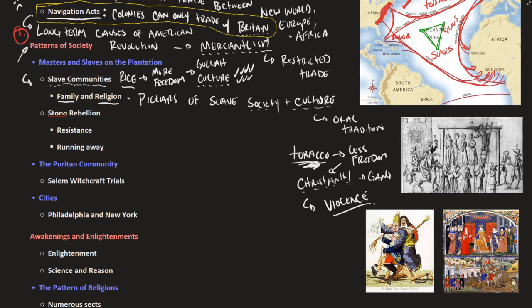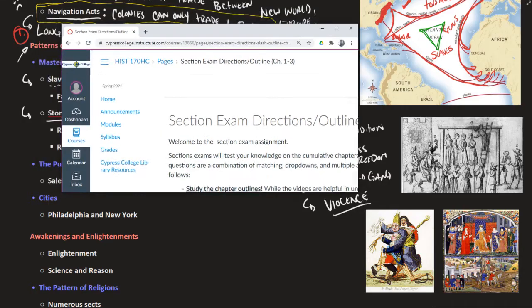A lot of these militias were more or less there to prevent any sort of slave rebellion and uprising. When it came to slave rebellions and uprisings, the most bloody and violent one was the Stono Rebellion. This was in South Carolina. Let me just check the date on this real quick.